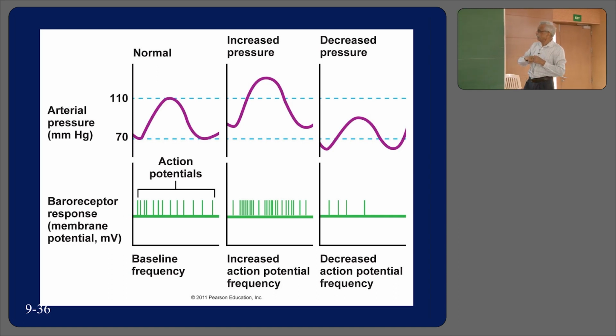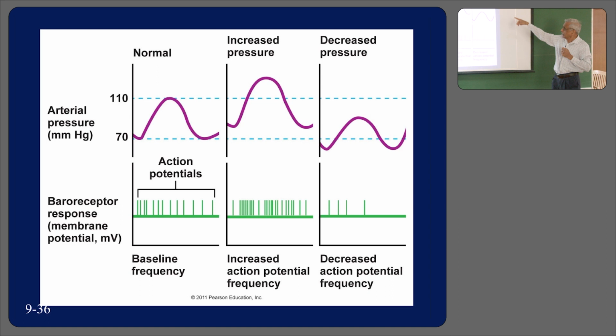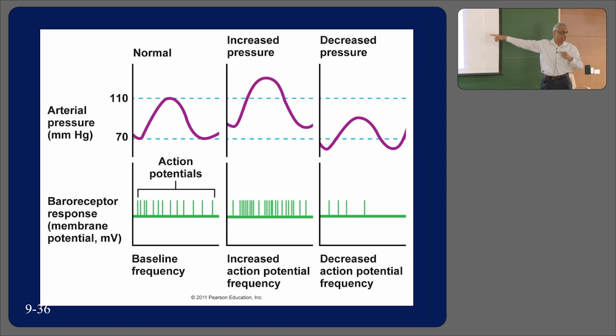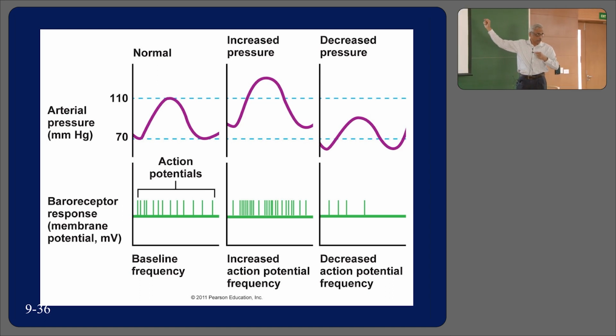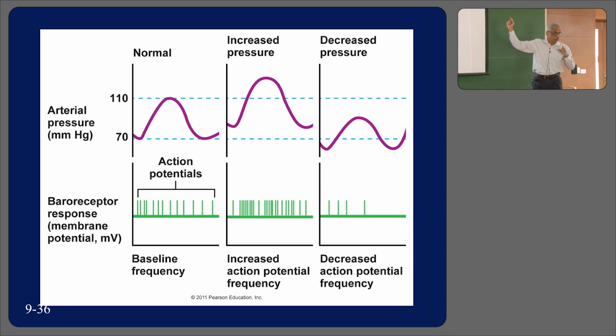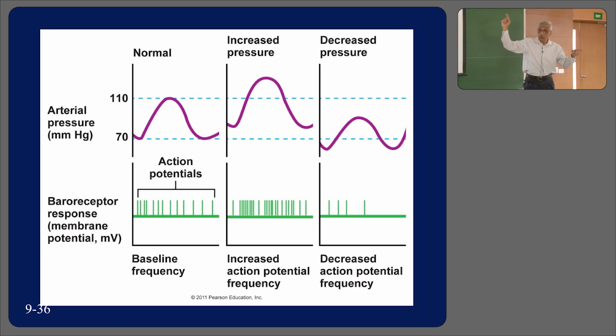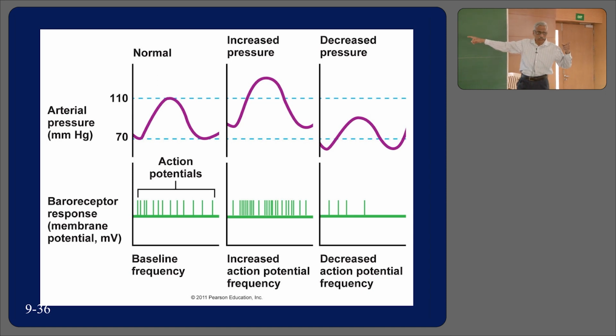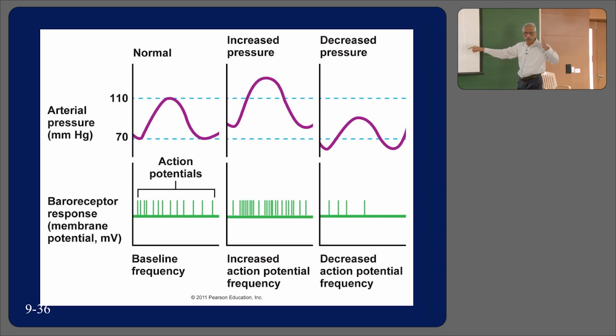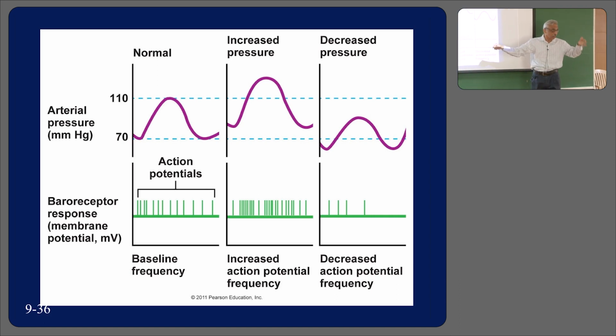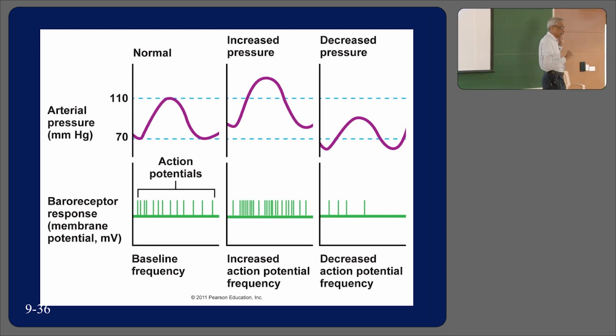As long as the arterial pressure is around 110/70, systolic/diastolic, look, what am I recording? My electrode is on the baroreceptor on the aorta. I get action potentials from those baroreceptors, which are sensory nerve terminals, at a particular frequency, which is denoted there.